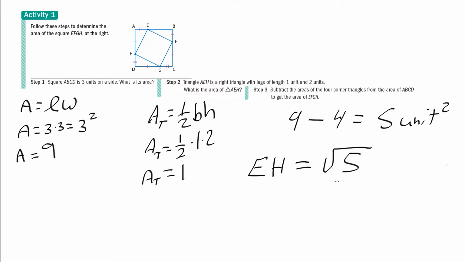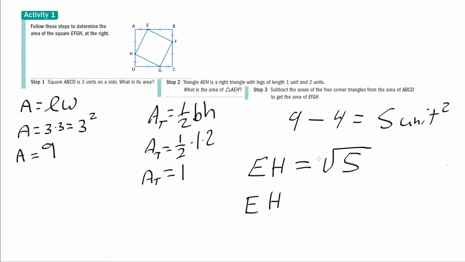EH equals the square root of 5. Well, what is the square root of 5? Do you have that value available? Now what you're going to find is that you don't get an exact answer for the square root of 5. If you plug that into your calculator, you're getting a long, non-repeating, apparently non-terminating decimal.